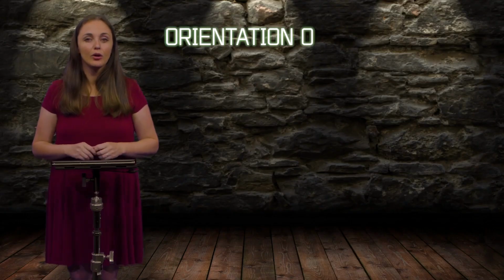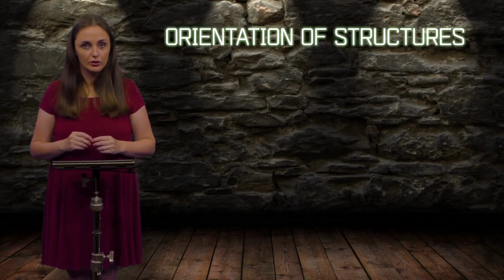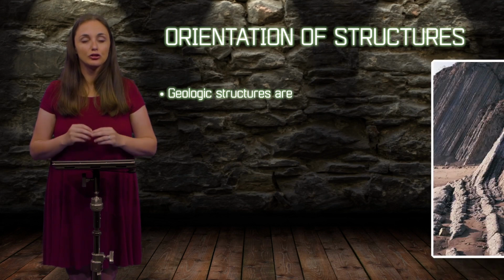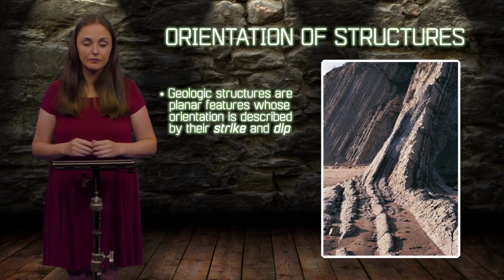This is particularly important for us because the names of the different types of faults are going to originate from these names that we give to the orientation of some feature. So the orientational terms that we use in geology are strike and dip.